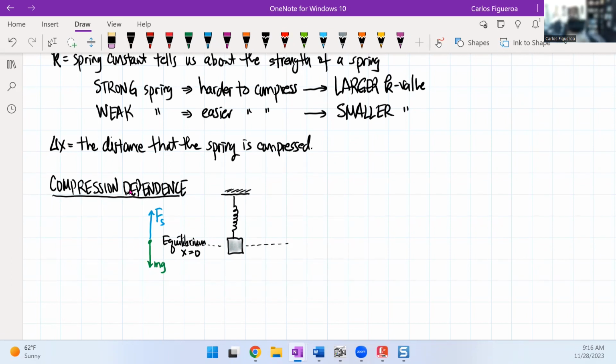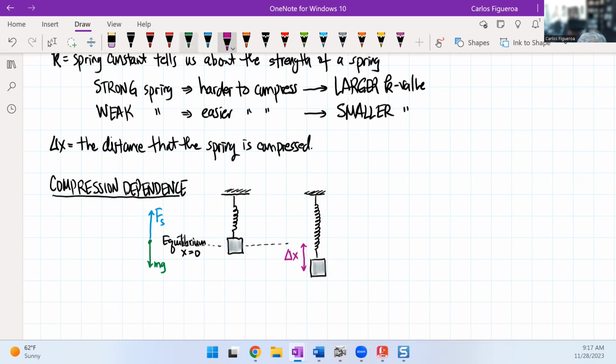Now, if I pull this spring down below this equilibrium point, what you're going to find here is that the change in distance, so the change in distance from here to here, from the center of mass, this is the change in distance right there from that equilibrium point.